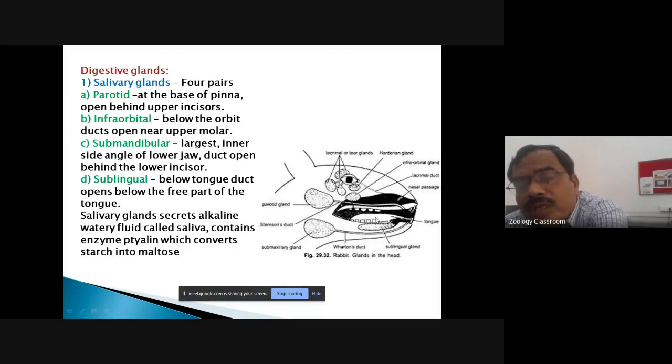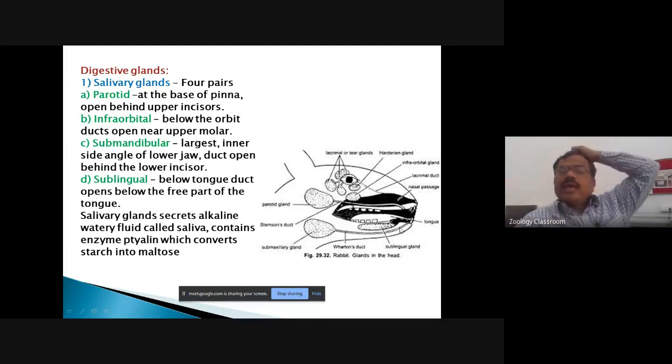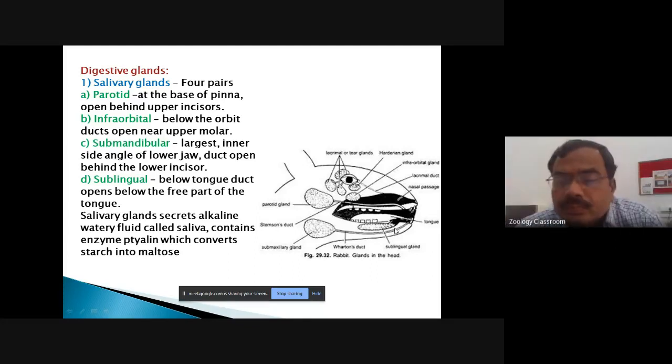This is the free end of the tongue. This is the fixed end of the tongue. That is, the tongue is attached posteriorly and free anteriorly. So at the anterior end, this sublingual gland opens. So all these salivary glands secrete a particular secretion. That secretion is alkaline and watery. So it is an alkaline watery fluid.